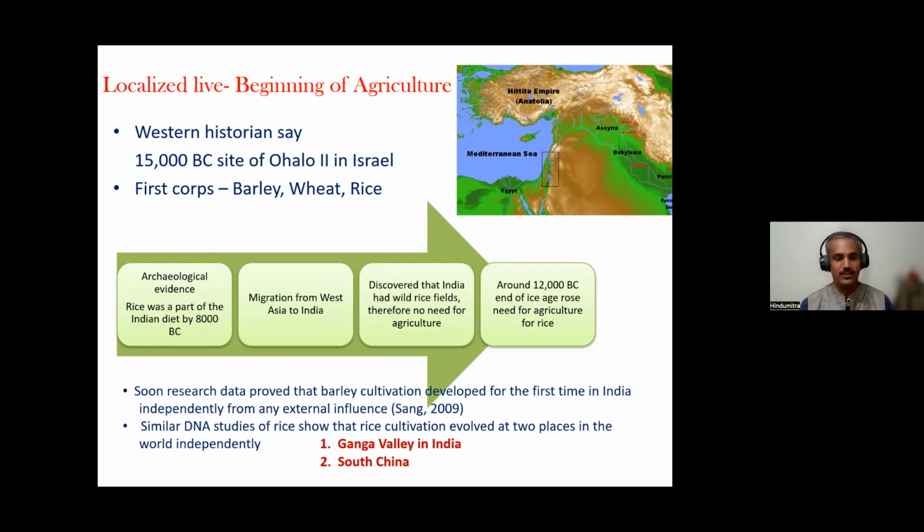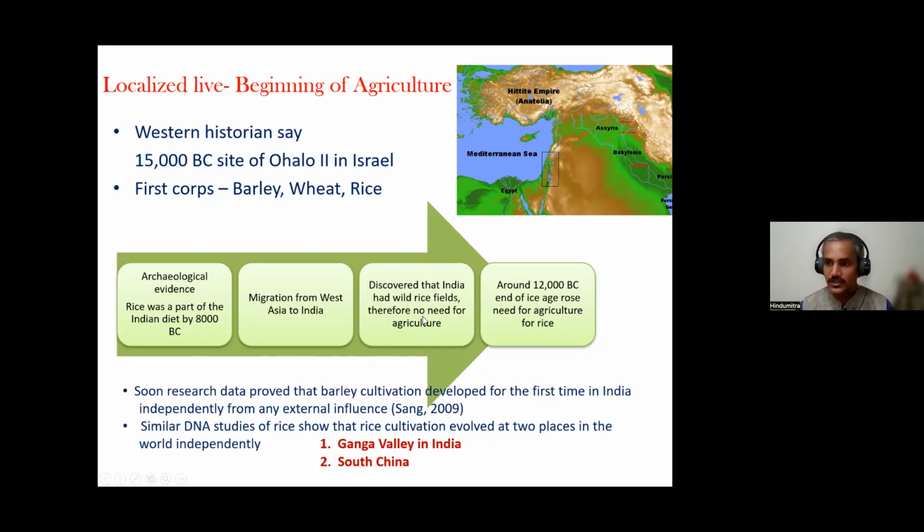If rice agriculture originated in Israel, then with the migration of humans from Israel to India, they would have had to bring the technology of rice agriculture. But by 8000 BC, it is already part of our diet.